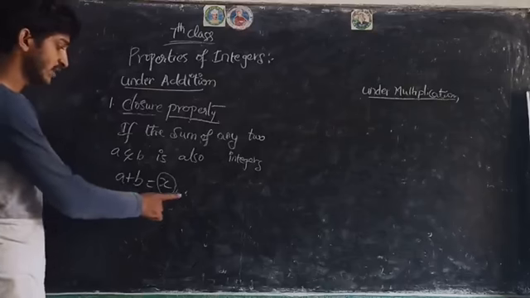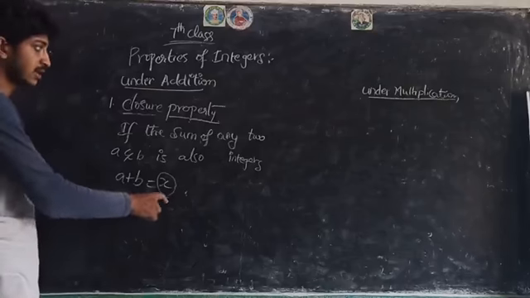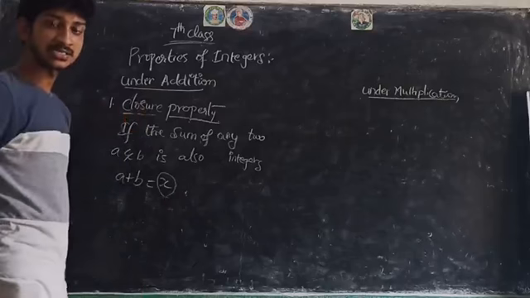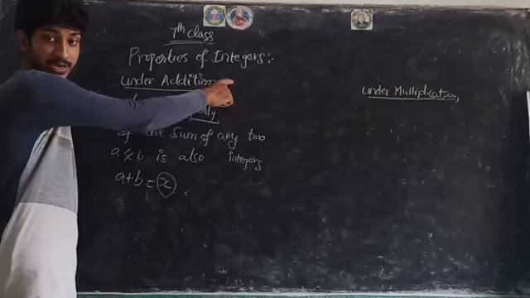Otherwise, if you didn't get any integer here, the closure property doesn't satisfy in integers.